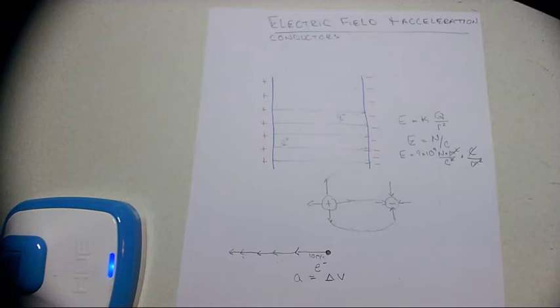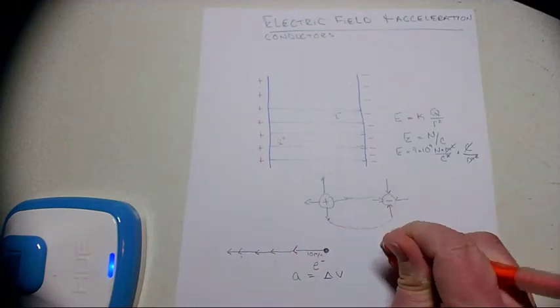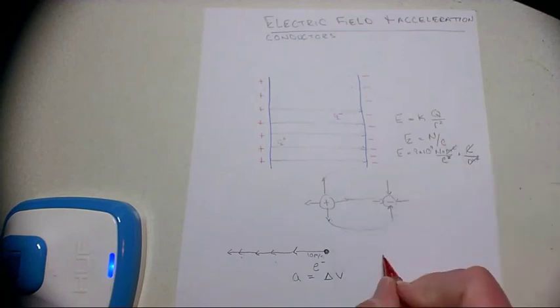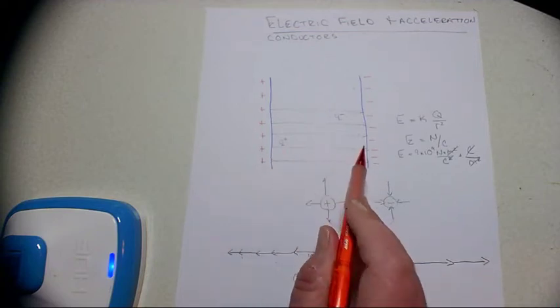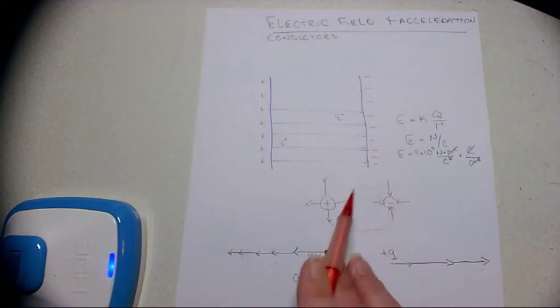If I put a positive charge, let's put a plus Q, in that same field, we'd see velocity vectors that would go something like this, because it's being accelerated. So its velocity is increasing as it's going towards the negative charge. It wants to go there.